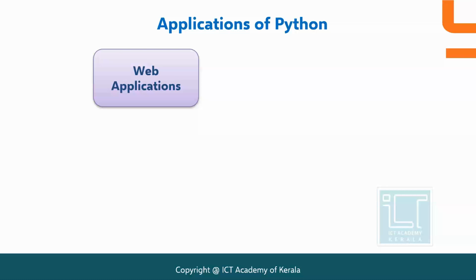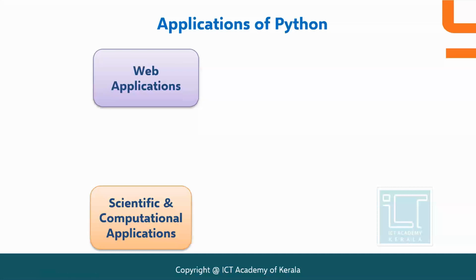The next thing is you can use Python for scientific and computational applications. The higher speeds, productivity, and availability of tools such as SciPy and NumPy have resulted in Python becoming an integral part of applications involved in computation and processing of scientific data.